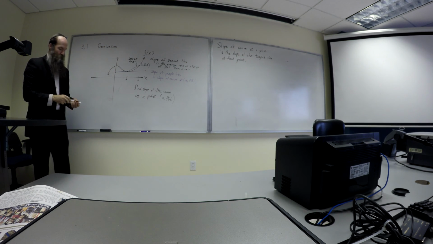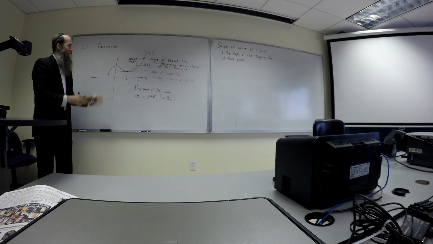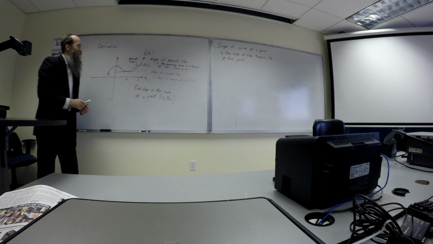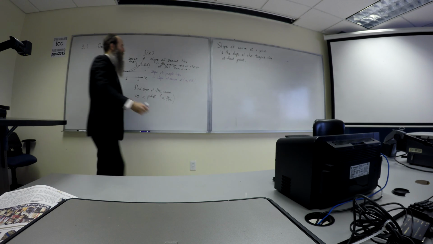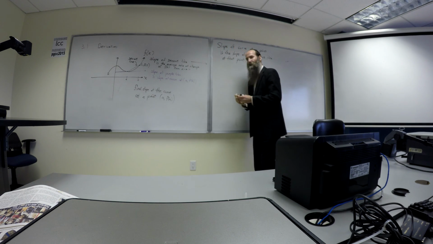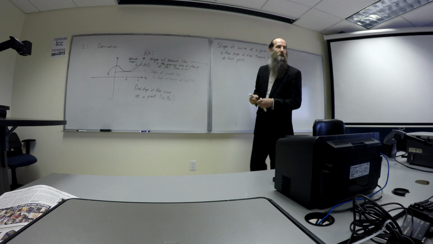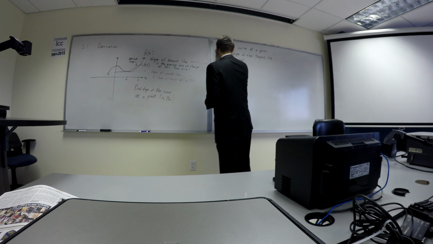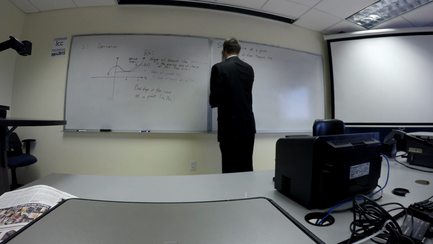So, how would you write the slope of that secant line? In the notation that I've given on the board, f of x, and a's and b's and whatnot, how would you write the slope of that secant line? F of b minus f of a over b minus a, right?